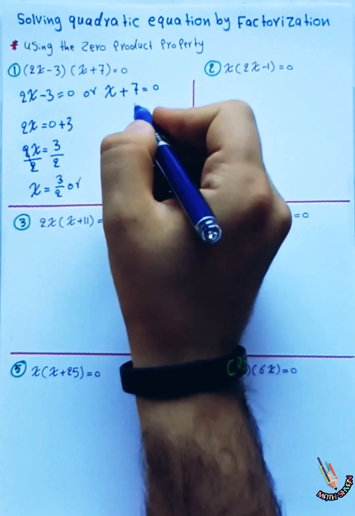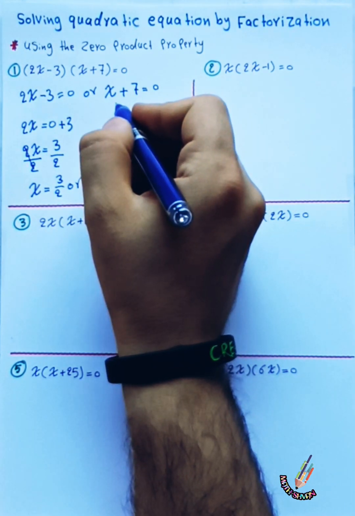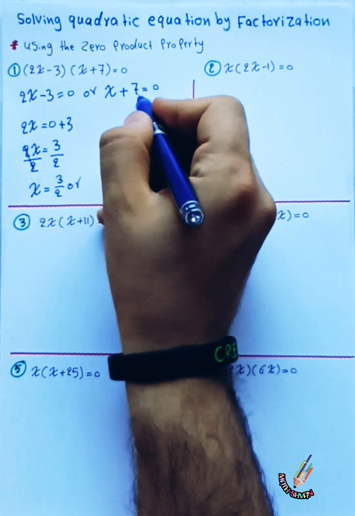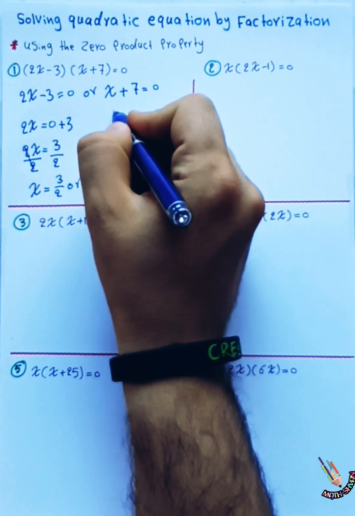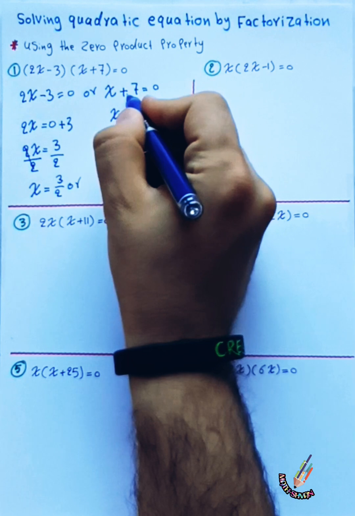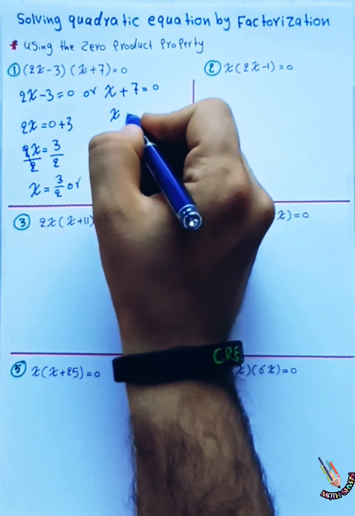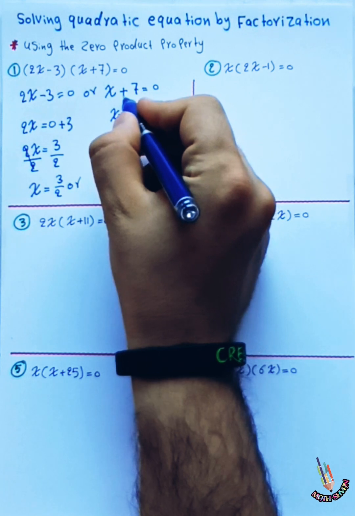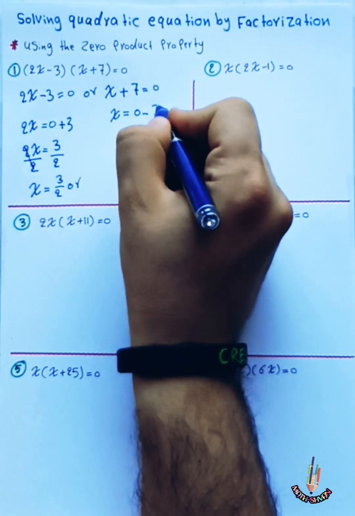For the second equation, the second expression, you have x plus 7 equal to 0. So we have to change the place of positive 7 to the right side. So x is equal to 0, and when we change the positive 7 to the right side, it becomes negative 7.